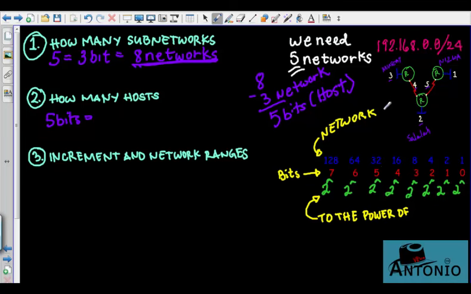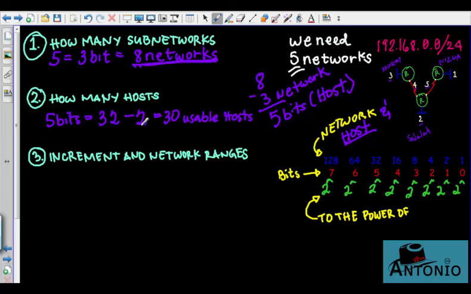Sorry, this is network and host. 32 is the answer for the host. So we will write here 32 minus 2 is equal to 30 usable hosts. That's it.